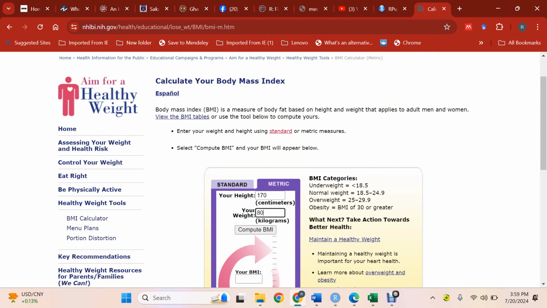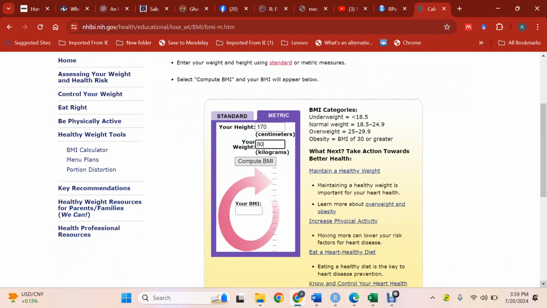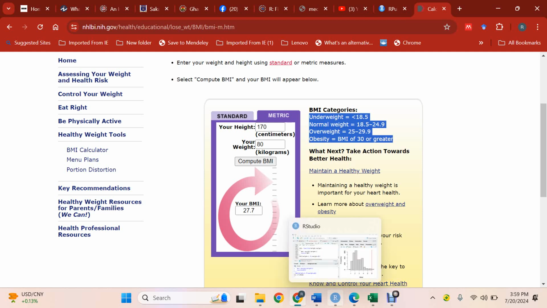And then this is 80, right? Then we compute. You see 27, it's the same. Now, you can even go on and do the categories. When we calculate, we can check whether it is within this range, then we assign those values and so forth. I think in one of the videos I did that.